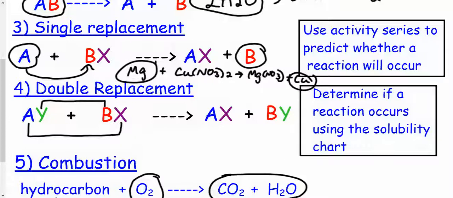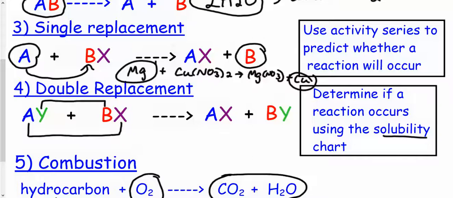In a double replacement reaction, we'll be using the solubility chart to determine whether a reaction takes place. When you do this, you look for an insoluble solid to be formed. If both products that you've predicted are aqueous or soluble in water, then you'll just write no reaction.